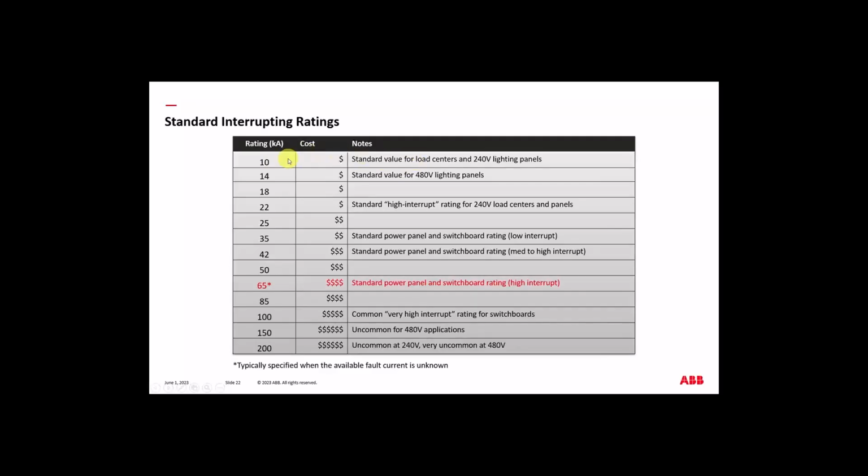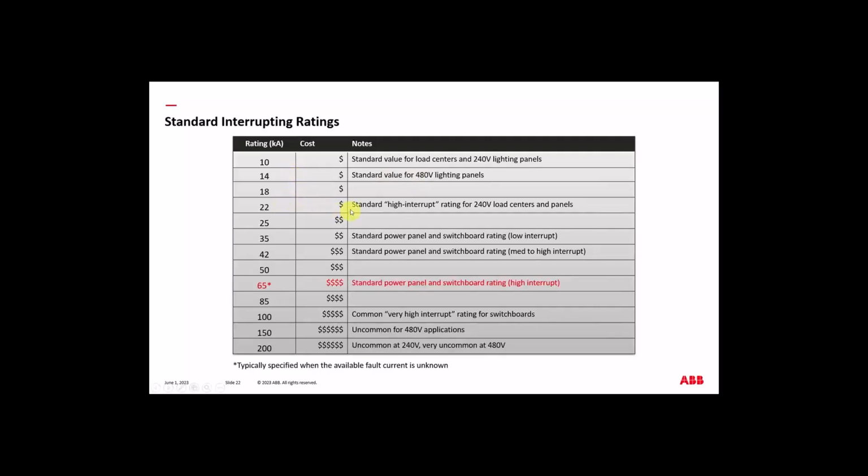So if you go to Home Depot and buy a load center, it's going to be 10 kA. For 480 volt lighting panels, the default minimum is 14 kA. Note that in the whole process we went through, we never really exceeded 14 kA. So in theory, that service could be applied directly to an off the shelf 480 volt lighting panel, and it would still be fine.